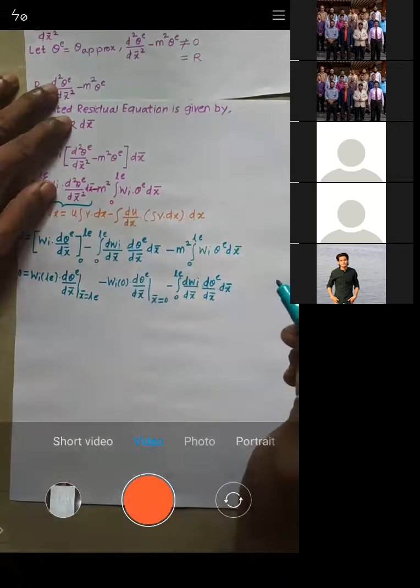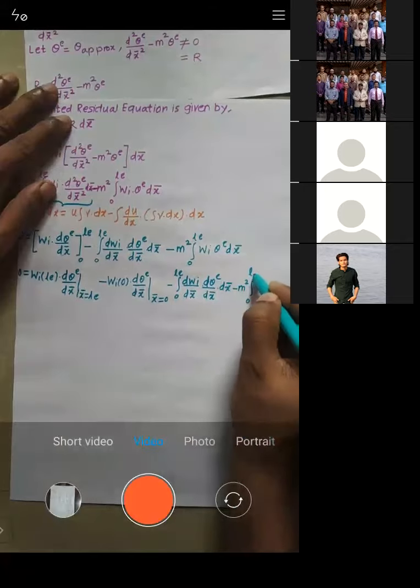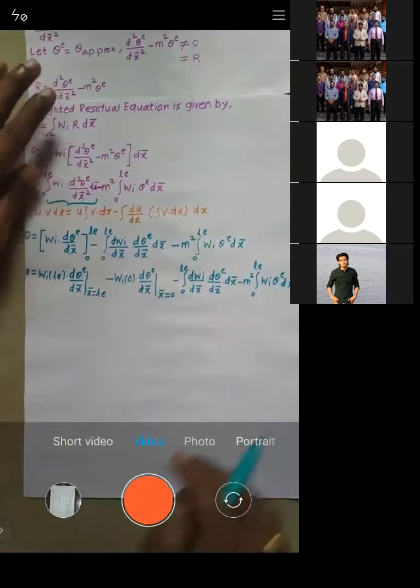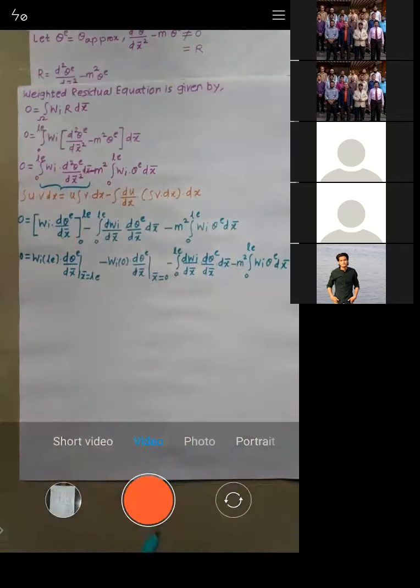This term I have written as it is, minus m square 0 to LE wi theta e dx bar. Is it okay, all of you? Is it okay or not? Let me know.